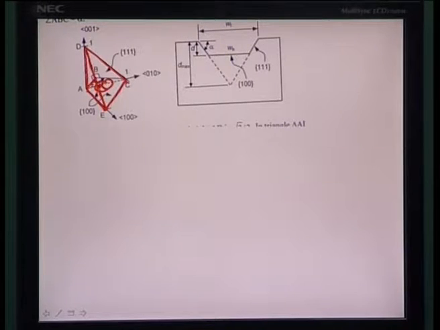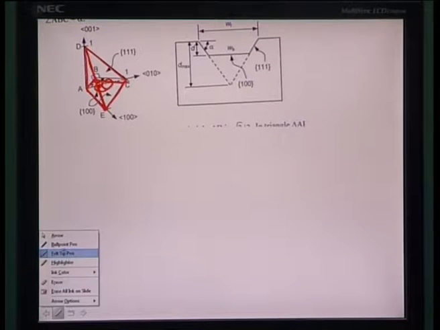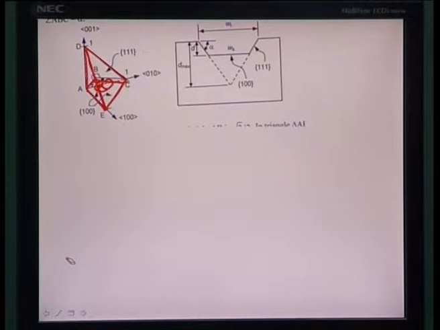So, the angle is really the angle between these two planes, as represented here by this angle alpha, between these two vertices. Let us try to determine this.